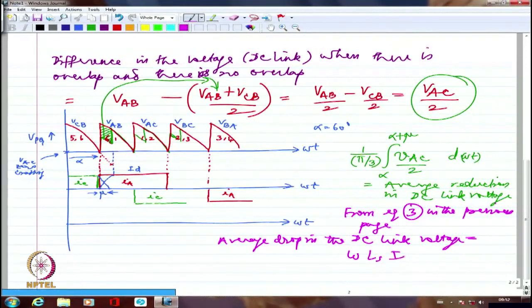Because I have written the integrated value directly, omega LS ID. VAC by 2 integrated from alpha to alpha plus mu happened to be omega LS ID. So I am writing directly omega LS ID divided by pi by 3. So I can write this as equal to 3 omega LS ID divided by pi.